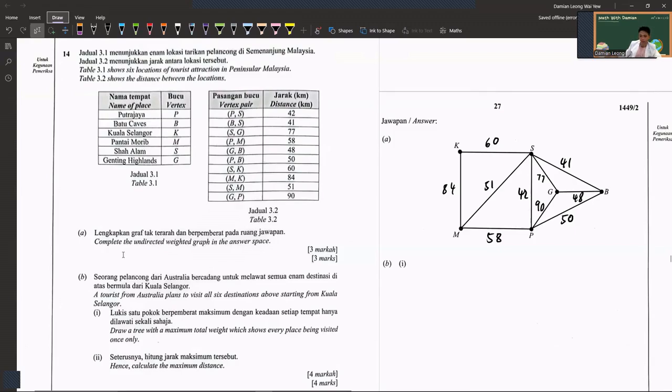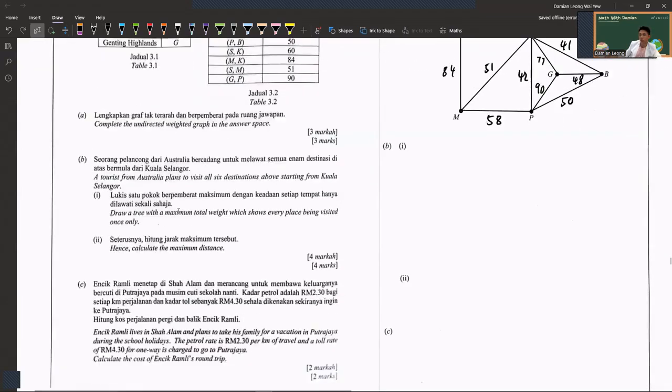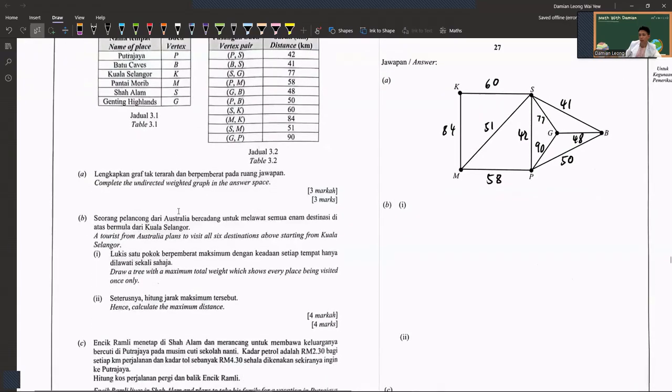Then for part B, a tourist from Australia plans to visit all 6 destinations above, starting from Kuala Selangor. Kuala Selangor means starting from the K. So draw a tree with maximum total weight, which shows every place being visited once only.